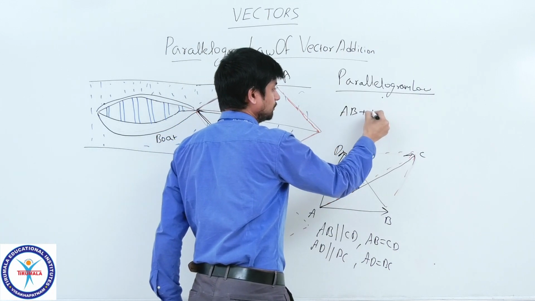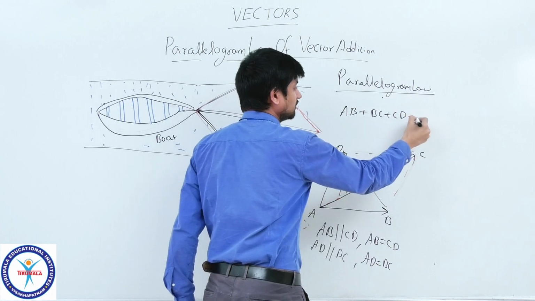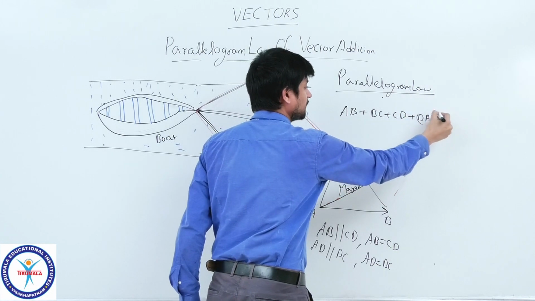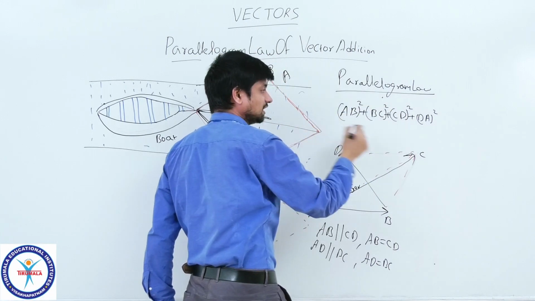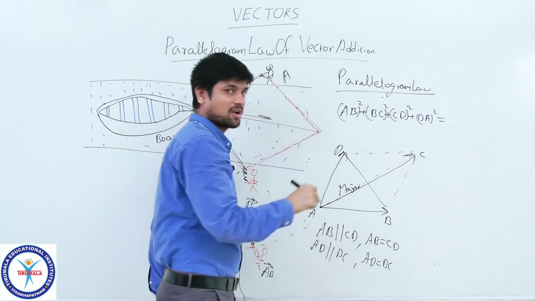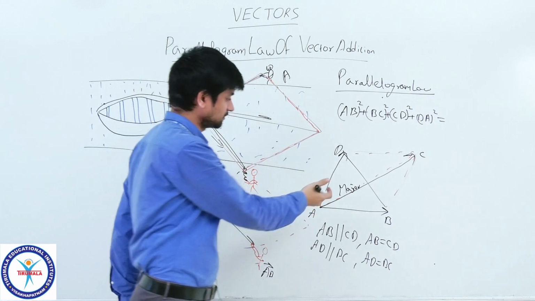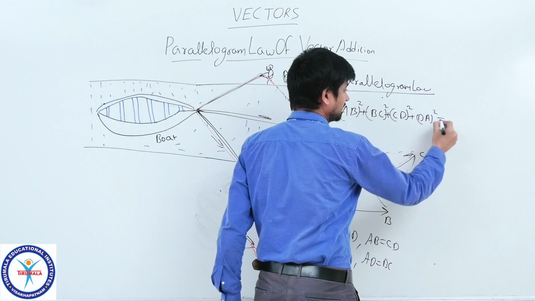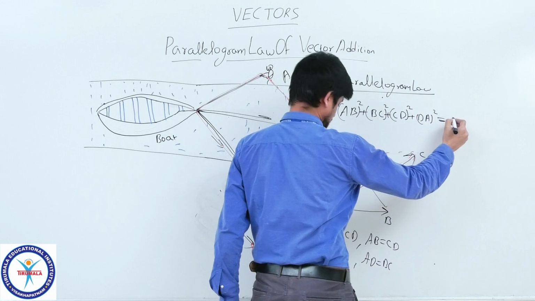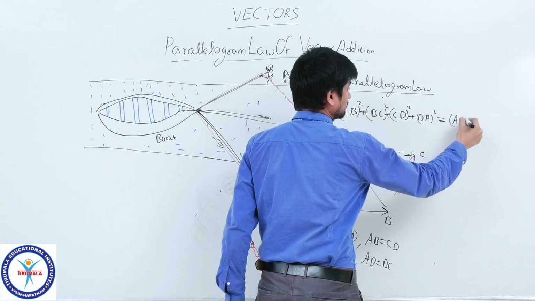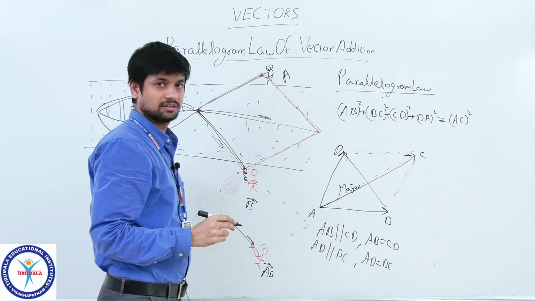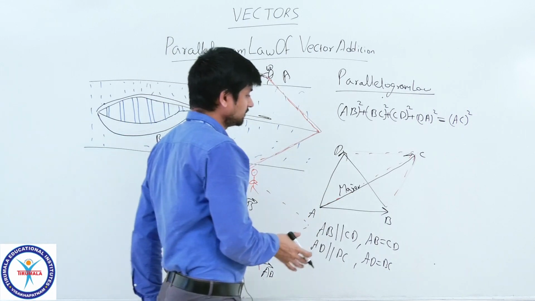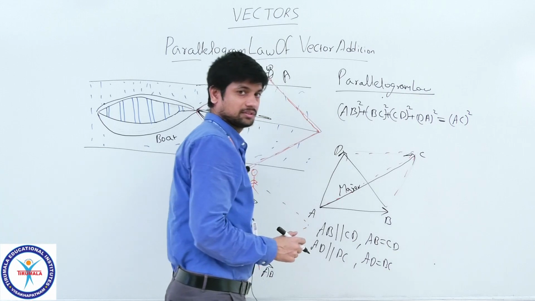AB, BC, CD, DA. The sum of the squares of these is equal to the sum of the squares of the diagonals: AC whole square and BD whole square.